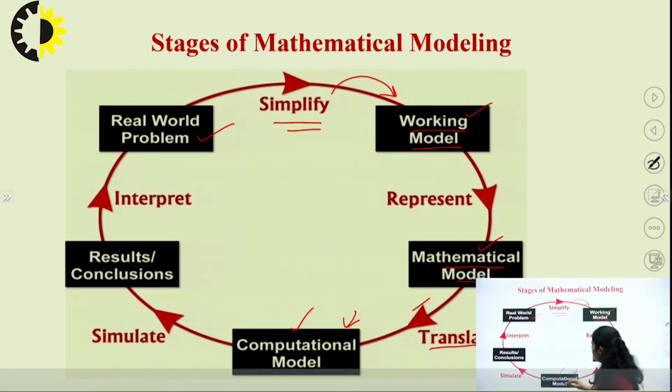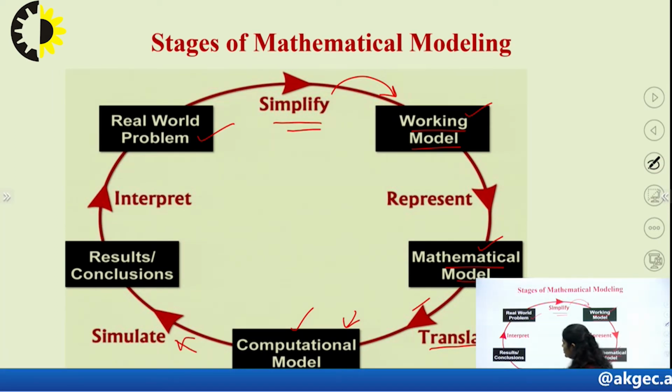After that the simulation is done. In the simulation we check the performance of our system and then we get the outputs, and from the output we get the results and draw the conclusions. If our output is similar to the real world problem, then we validate our model.